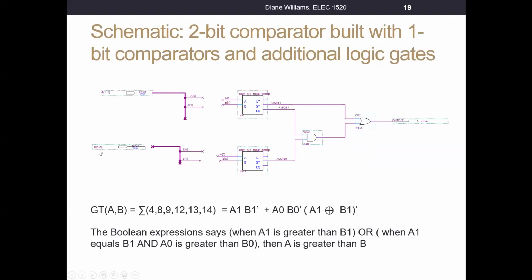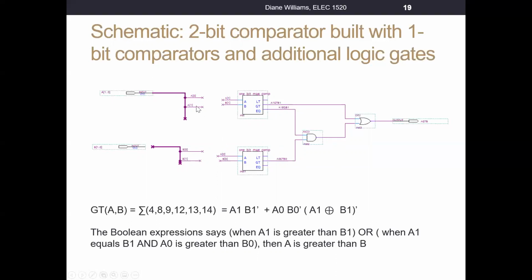But B is a 2-bit signal, and I've labeled this one single wire as B0, this one single wire as B1. And so when working with Quartus schematic software, anytime you name a wire, you don't have to draw a connection when you use the same name somewhere else. So here, where I've got A0, down below, when I labeled this wire A0, you can think of these 2 as being connected. It's the same wire.